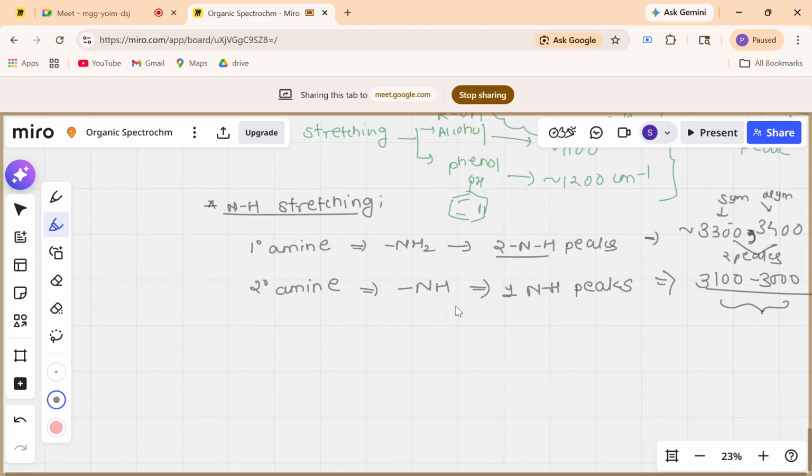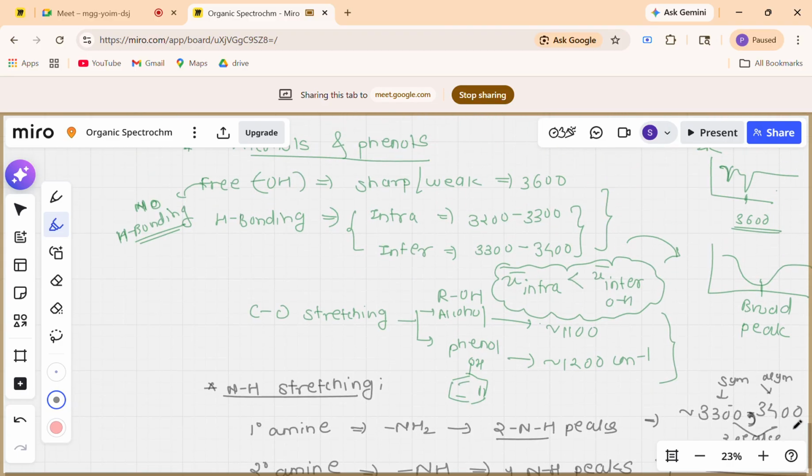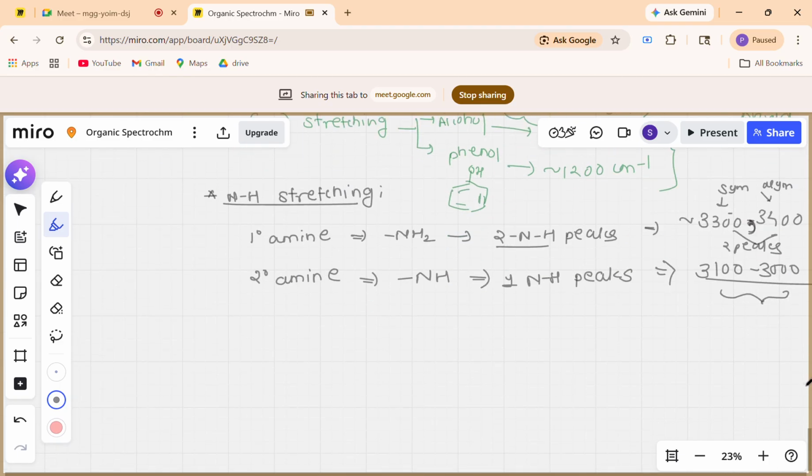But in case of secondary amine, you will observe only one peak around 3100 to 3500. Here you will observe 2 peaks, and in this case only one peak in this particular region. Now you can ask a question, or you should have a doubt here, right?